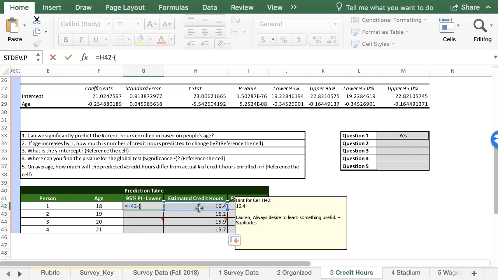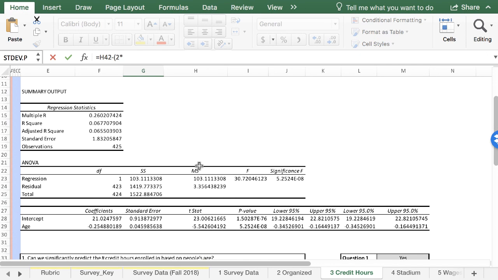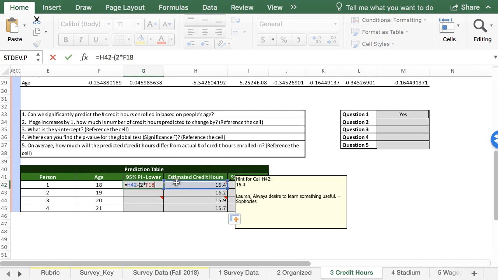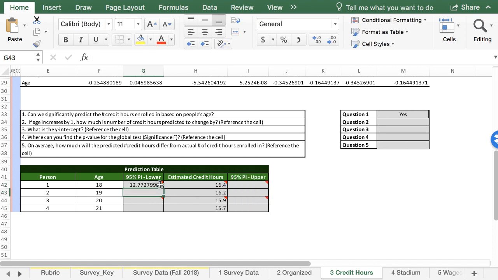And what do we subtract? We subtract 2 times the standard error, and the standard error is up here. And remember, the standard error is just telling us how much the predicted value is going to differ from the actual value, or what we think it will anyway. 12.8, go ahead and format that.